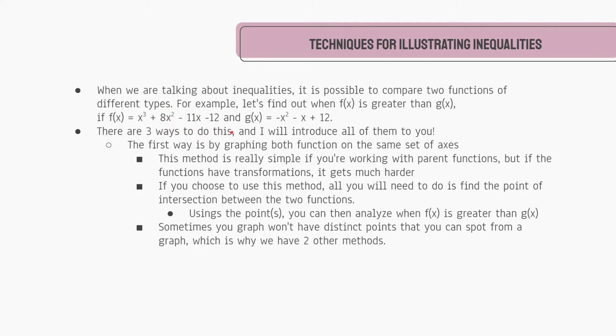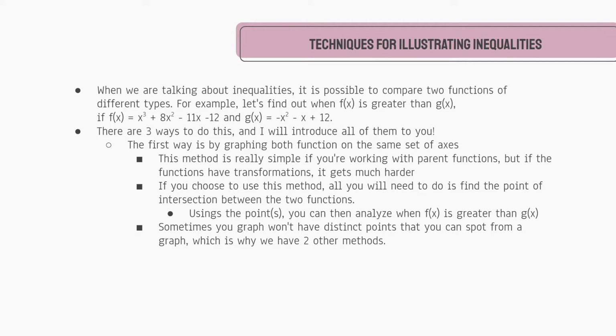And then if that sine function had different transformations on it, it'll get really complicated to draw that function plus the g of x function and try to understand where one function is greater than the other. However, if you are dealing with simple parent functions, for example, x squared and sine of x, that process becomes a lot simpler and you could of course use it.